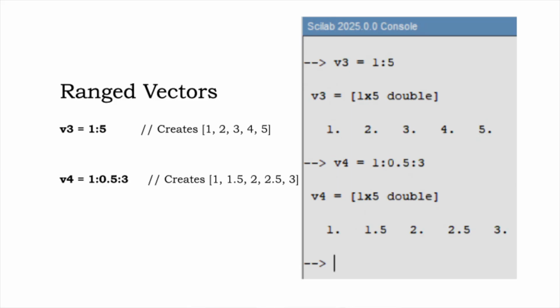Ranged vectors can be created as v3 equal to 1 colon 5, which creates 1, 2, 3, 4, 5. v4 equal to 1 colon 0.5 colon 3 creates 1, 1.5, 2, 2.5, 3.